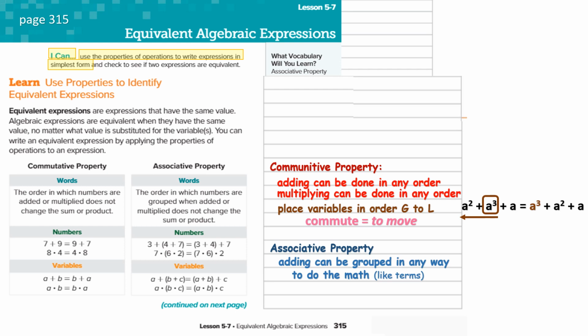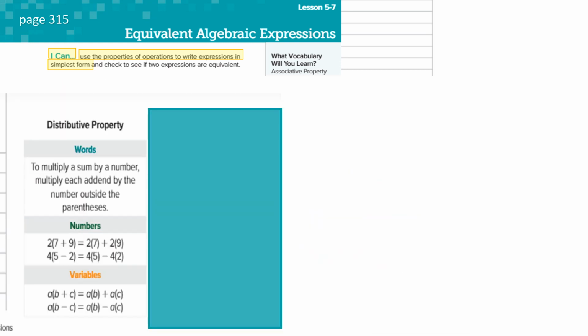Multiplication works the exact same way. It doesn't matter where the parentheses are, as long as all that's in the math expression is addition, or all that's in the math expression is multiplication. And it does not matter if it's variables or whole numbers.